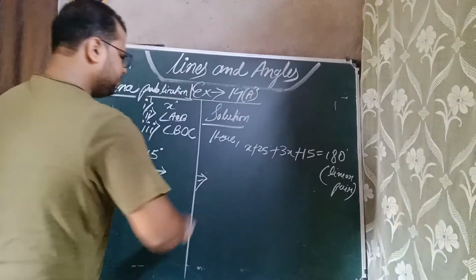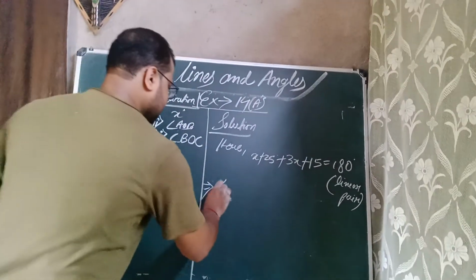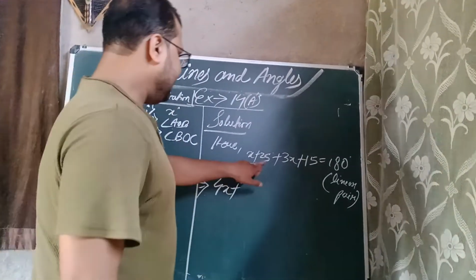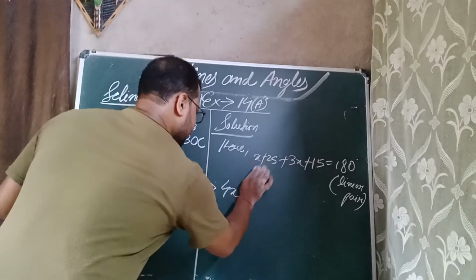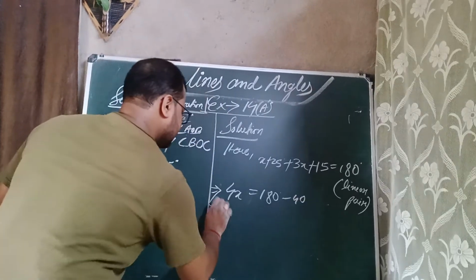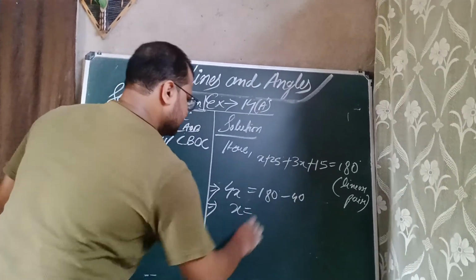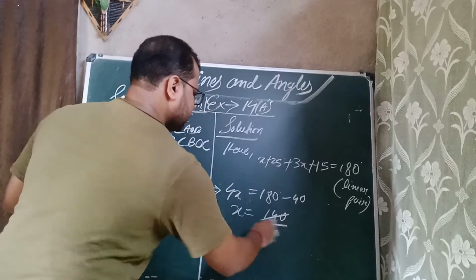First class, no problem. x plus 3x, how much? 4x. 25 plus 15, 40. 40 will go to that side. So it will be 180 minus 40. So x is equal to how much? Here it will be 140, divided by 4.